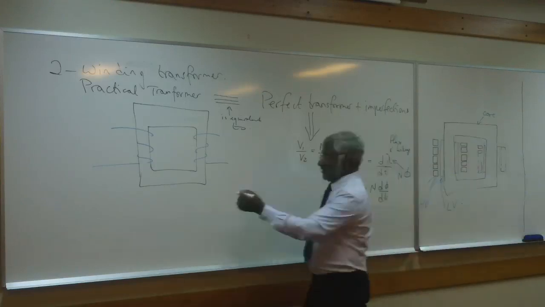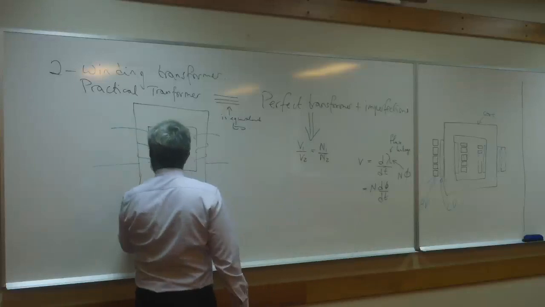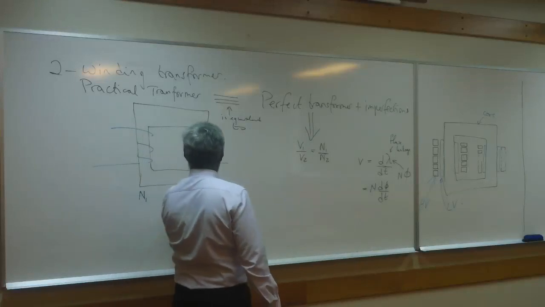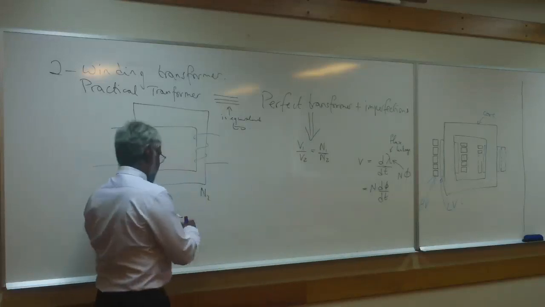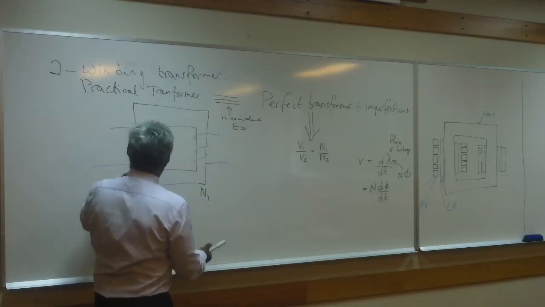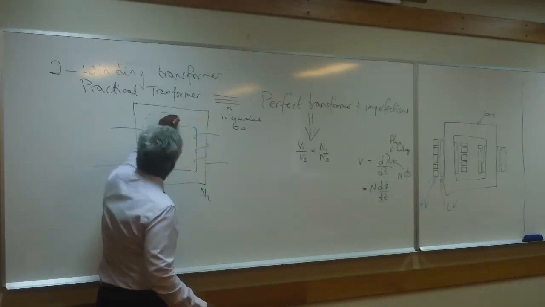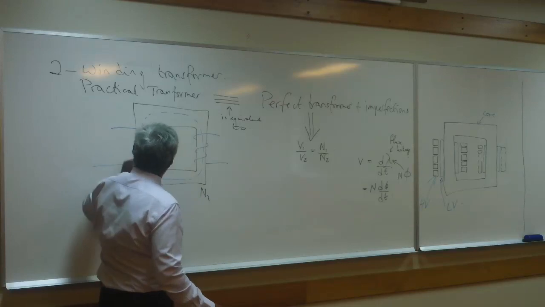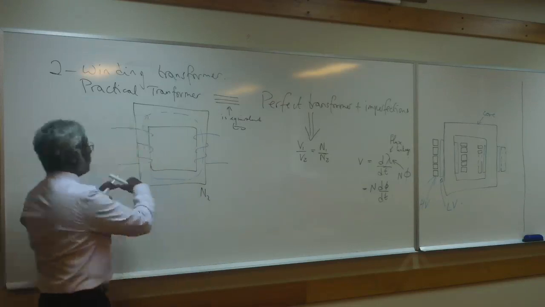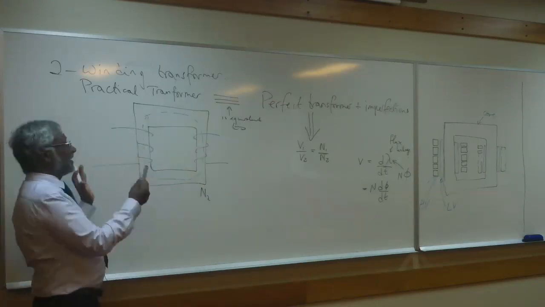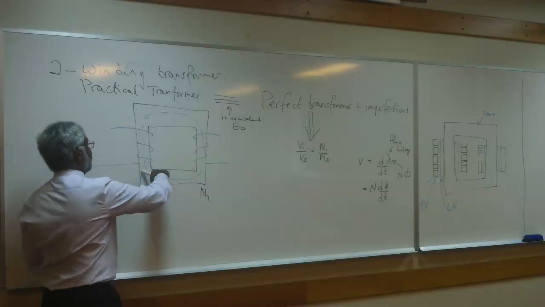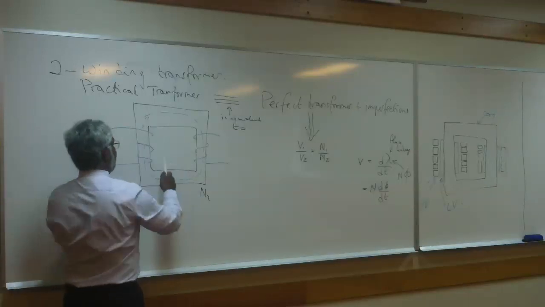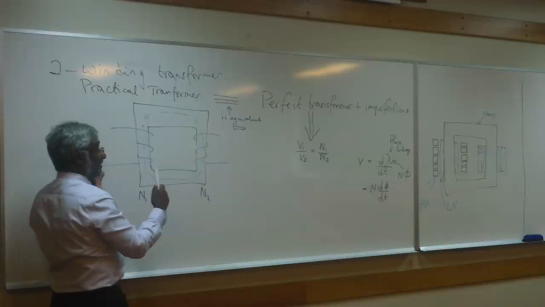And you could say that this is a situation here where you have N1 turns on that side and N2 turns on this side, and you got flux linking all of those. It's the same flux. If we make the assumption that there's no leakage, every bit of flux that links this one links the other one, so they see exactly the same flux.